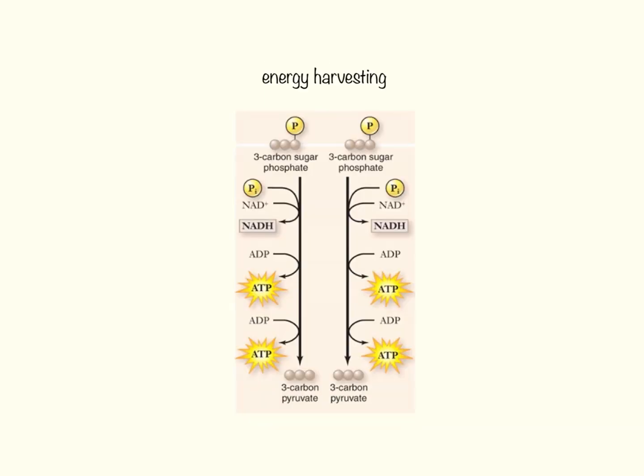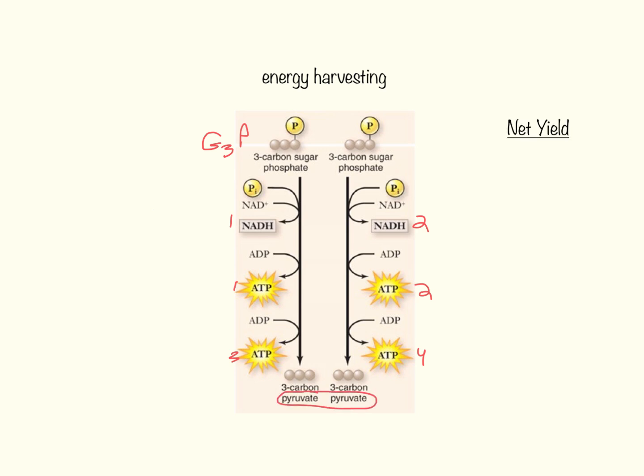During the energy harvesting steps, each G3P has 2 hydrogens ripped off, 2 NADH are formed, and 4 phosphates are removed to form 4 ATP molecules by substrate-level phosphorylation. The G3P has now been transformed into 2 molecules of pyruvate.